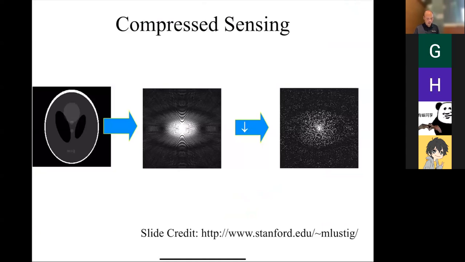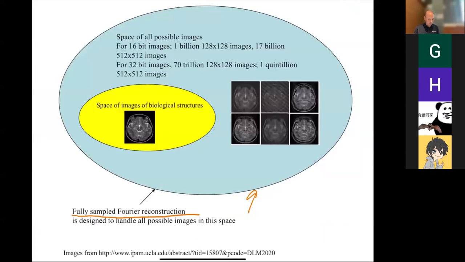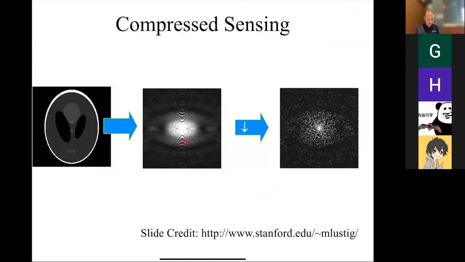Here we're taking our Shepp-Logan phantom and doing the Fourier transform of it. In this case, we're randomly throwing out over half the data. In compressed sensing, we throw out data, but we do it in a fairly random fashion, so incoherent sampling.